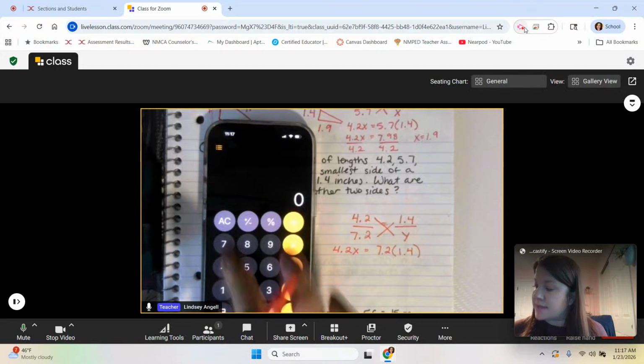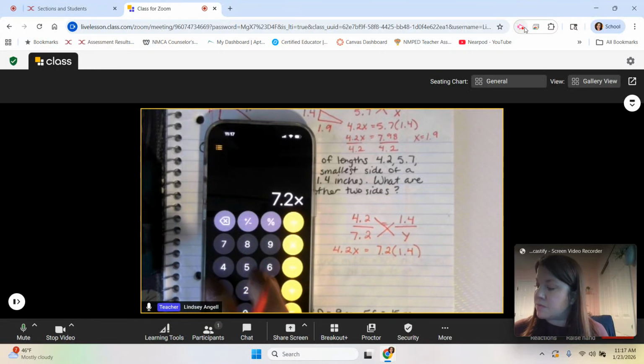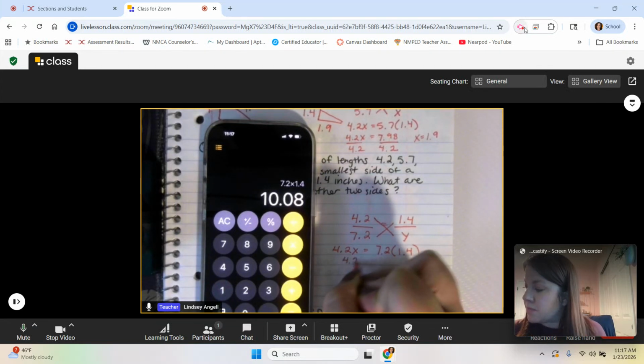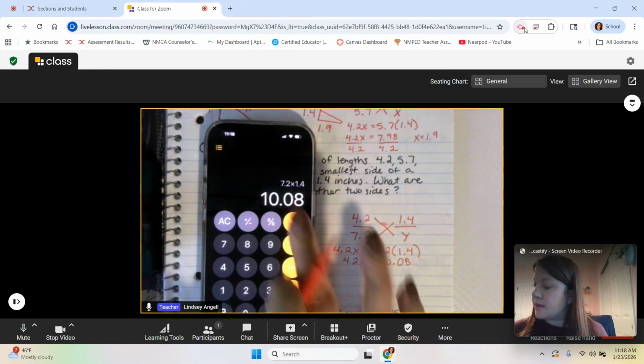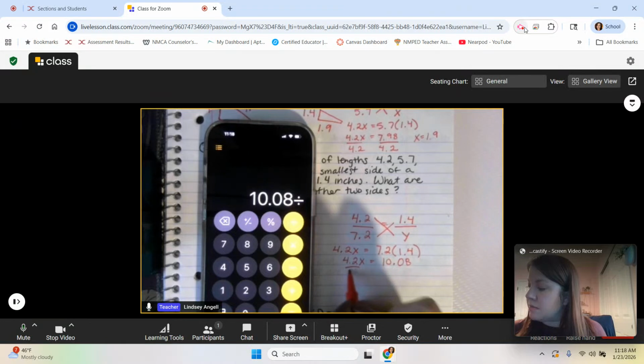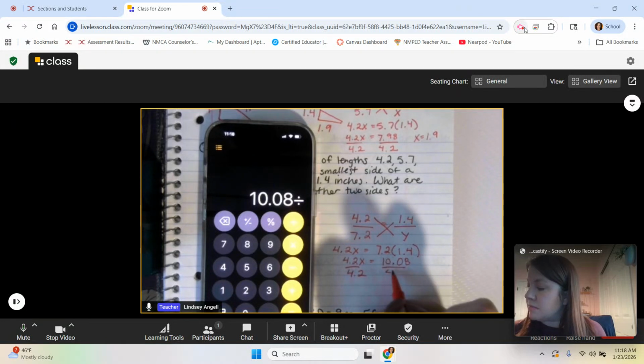We can solve that. 7.2 times 1.4. That gives us 10.08, so 4.2x equals 10.08. Divide both sides by 4.2.